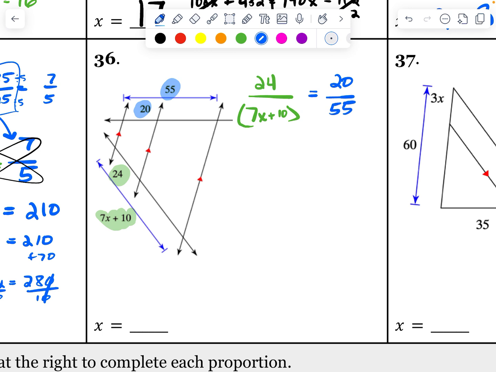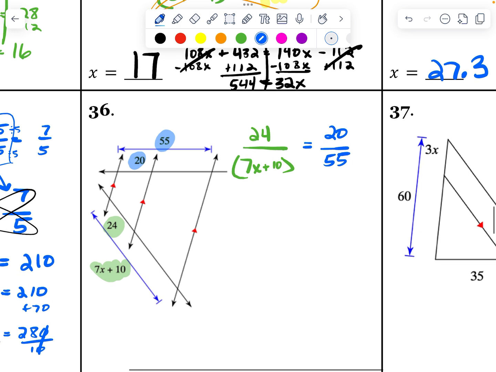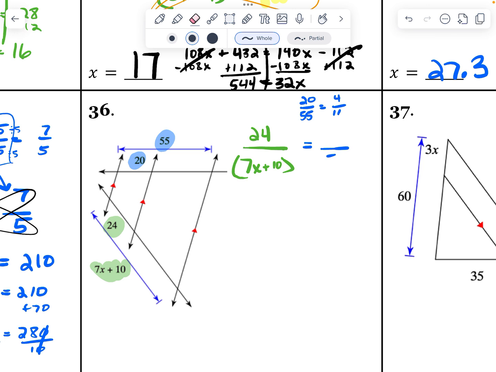Again, I'm hating these big numbers. Let's go ahead and take that 20 over 55. 20 over 55 divided by 5 is going to be 4 over 11. So I'm just going to change that 20 over 55 to 4 over 11. It just makes my life a little bit easier to do some of this math.